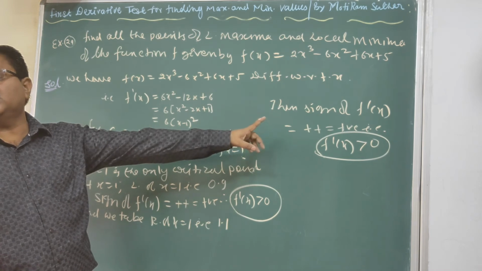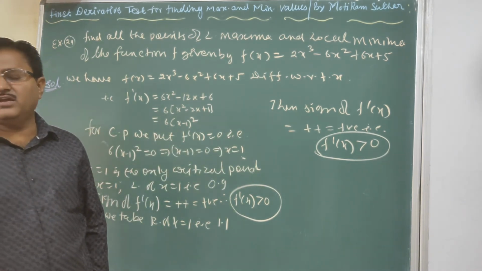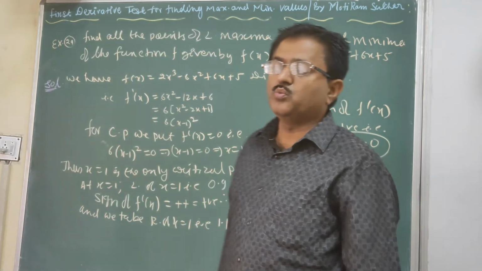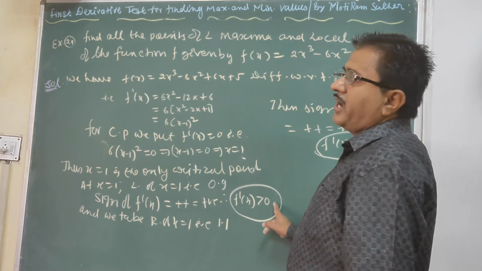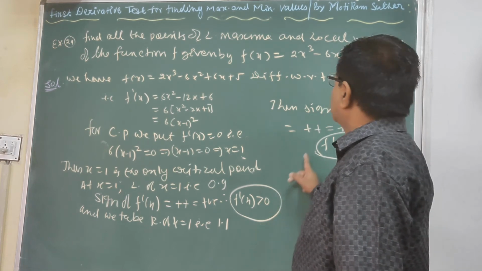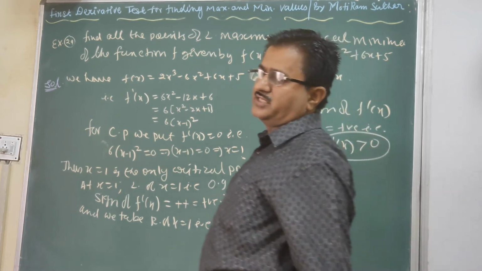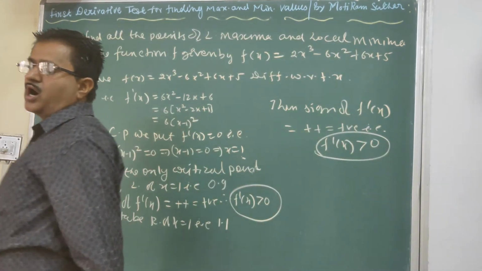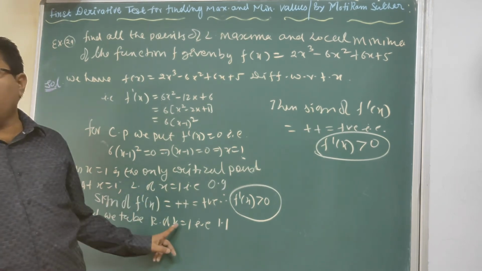So we see the third point of the first derivative test. In the first derivative test, we discuss one more point. The point at which the sign of f dash x does not change throughout when we move from the left of the number to the right of the number.